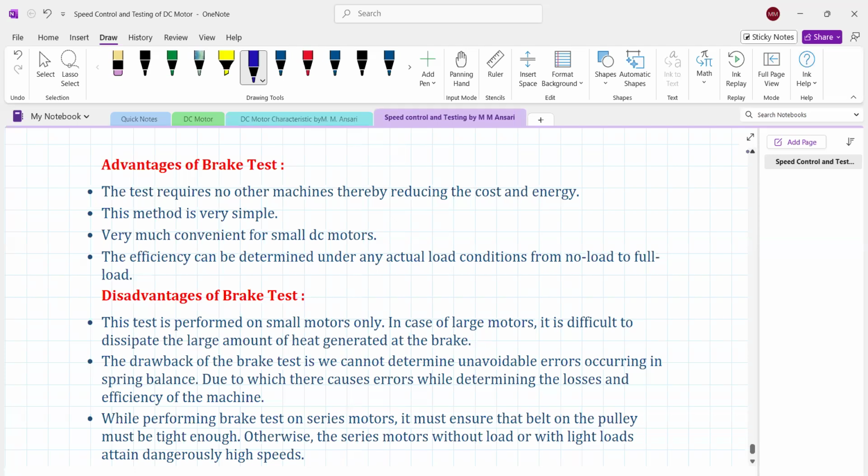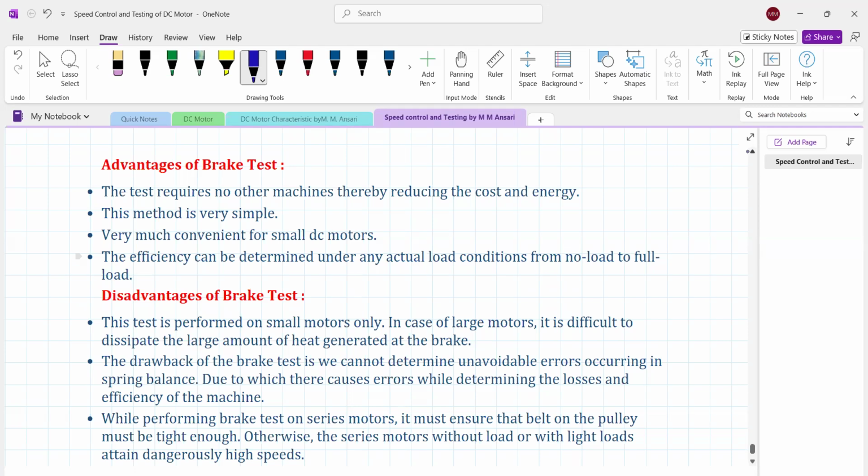Some more important points which are not written here. One point is that as we are loading the motor directly, the motor is actually loaded. So we can observe the vibration, the sounds, as well as the temperature rise of the motor. So these are the advantages of the direct load test.